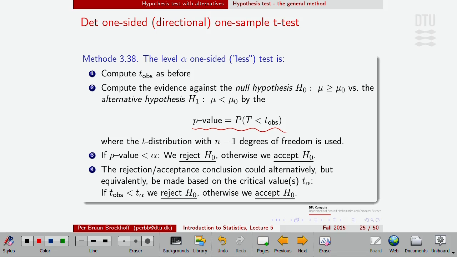I should only, as an alternative, compute probabilities above, because probabilities of something happening in the low end is not critical for my hypothesis, in a way. That's a way to say it. Otherwise, it's the same thing.